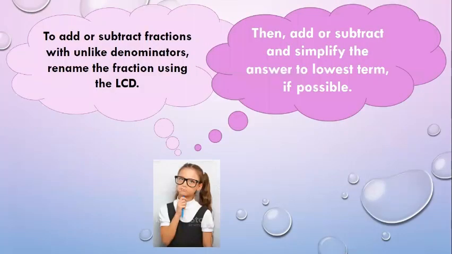Okay, let's hear from Sammy. To add and subtract fractions with unlike denominators, rename the fractions using the LCD or the least common denominator. Then add or subtract and simplify the answer to lowest terms if possible.